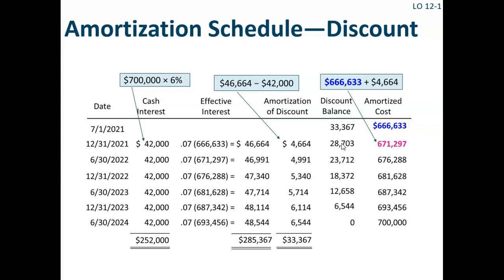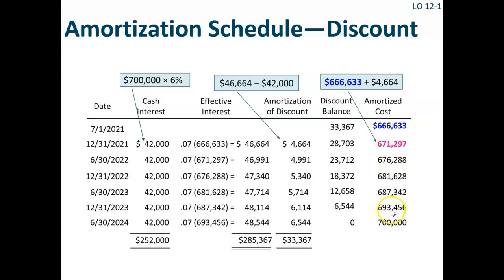And because the amortized cost on which we base our next period's interest calculation gets bigger and bigger every period, because that amount is the $700,000 face value or par value of the bond minus the unamortized discount, which means that as the unamortized discount gets smaller, the amortized cost of the bond gets bigger.